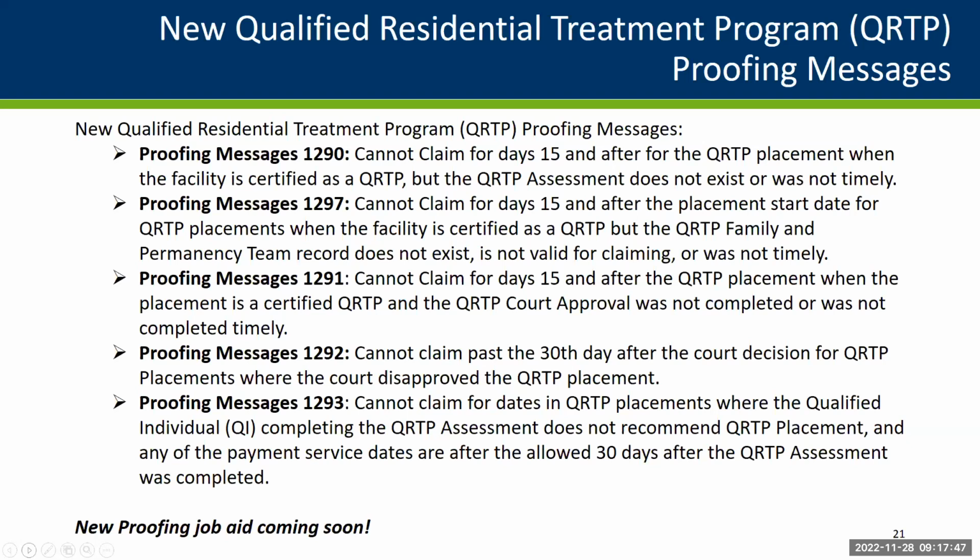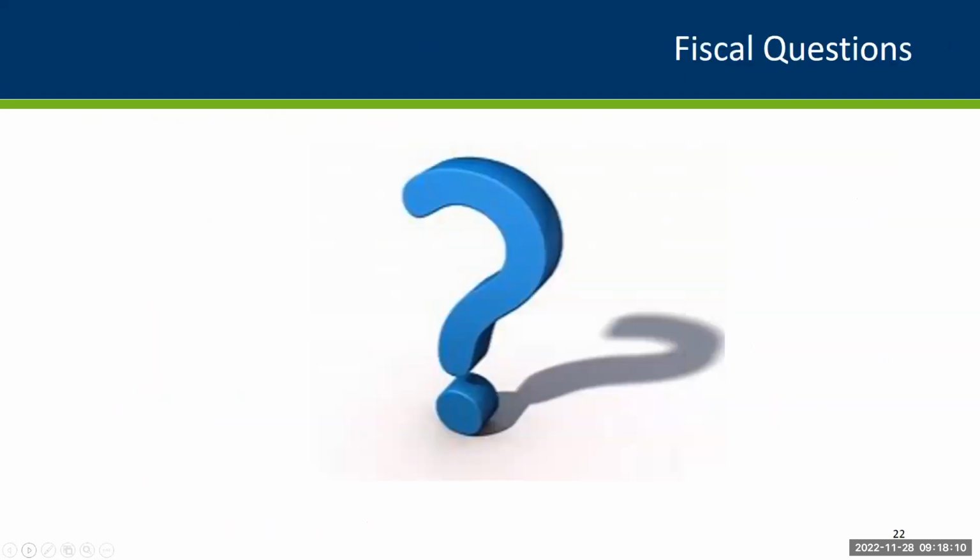And we will also go into a little bit more detail on these, all the Family First proofing messages in the December coffee talk. So hopefully I will have the child foster care report proofing message document out and posted here in the very near future. Next slide, please.